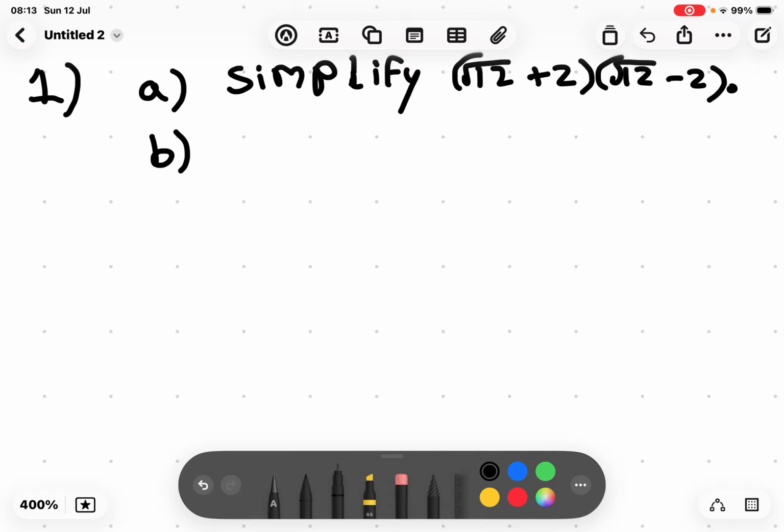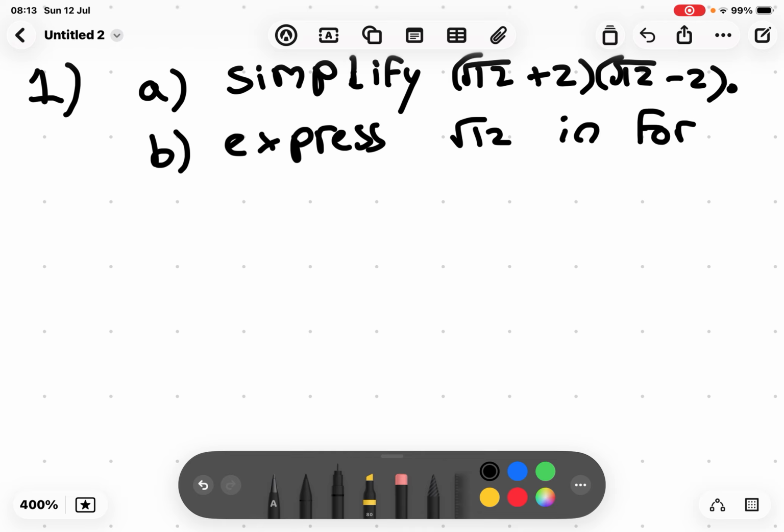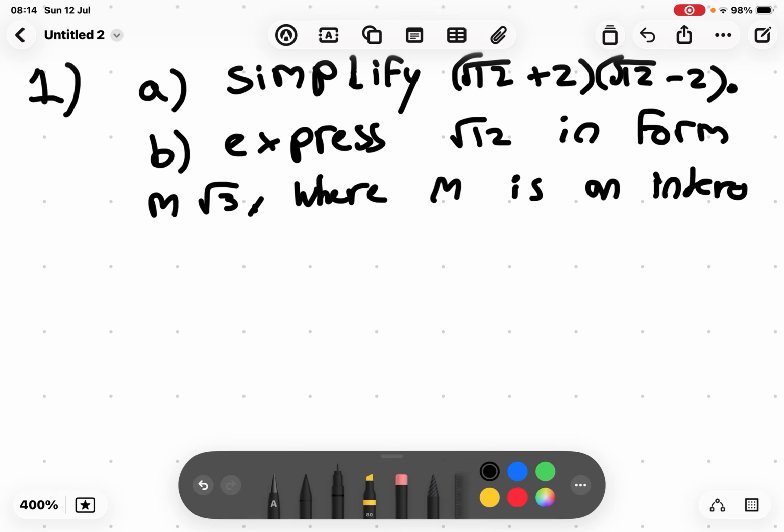B. Express 12 in the form M root 3, where M is an integer.